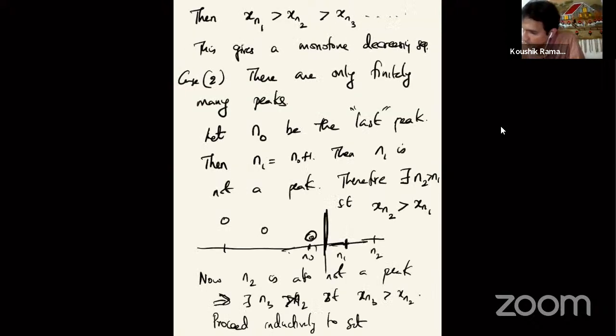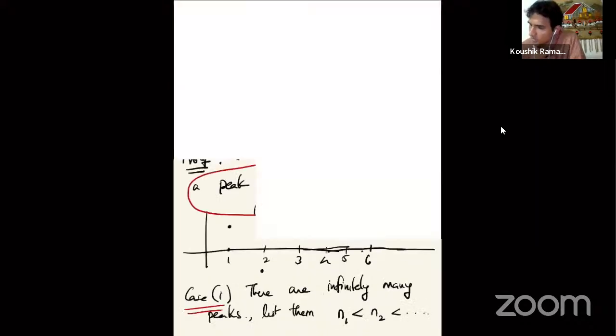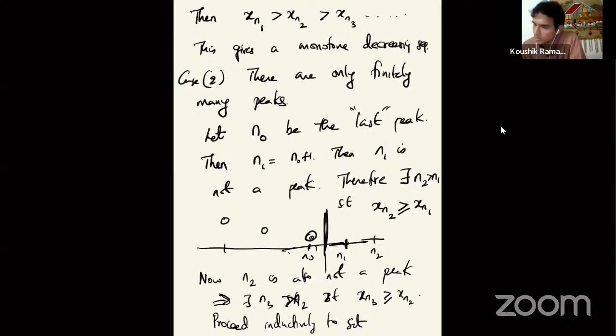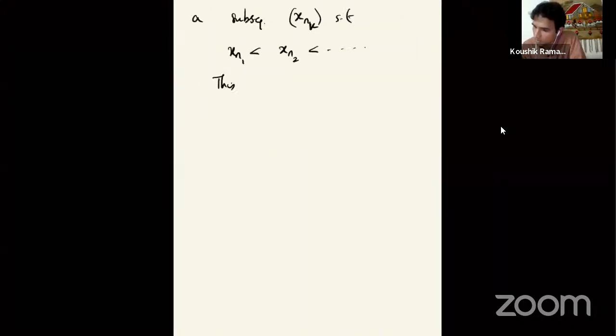I should be careful here, even though it's a small point: you have to put greater than or equal to. If it is a peak, then it is strictly above. If it is not a peak, then it can be equal also, and that's okay. So xn3 is greater than or equal to xn2, and so on.